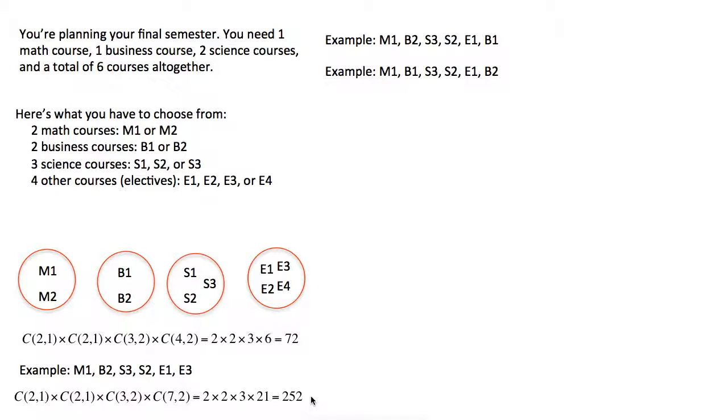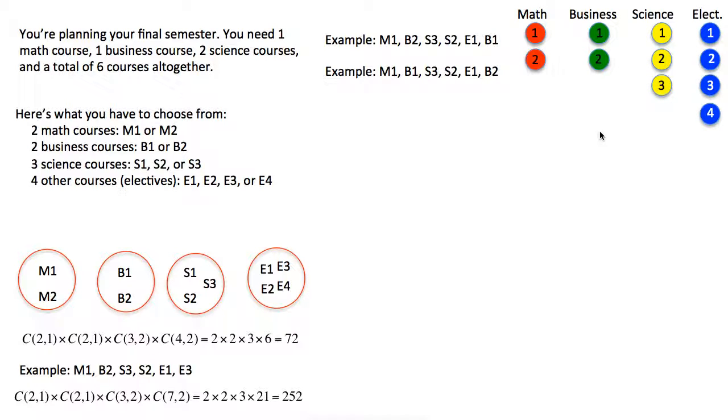So we can see now that this second solution isn't correct either. The first solution, 72, undercounted the possibilities, and here we've overcounted the possibilities because we count some cases twice. Let's start over and try visualizing the problem a different way.